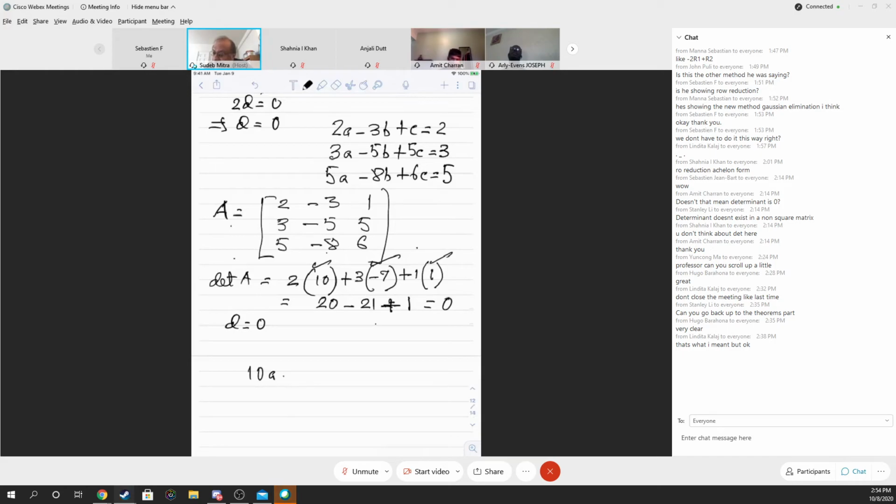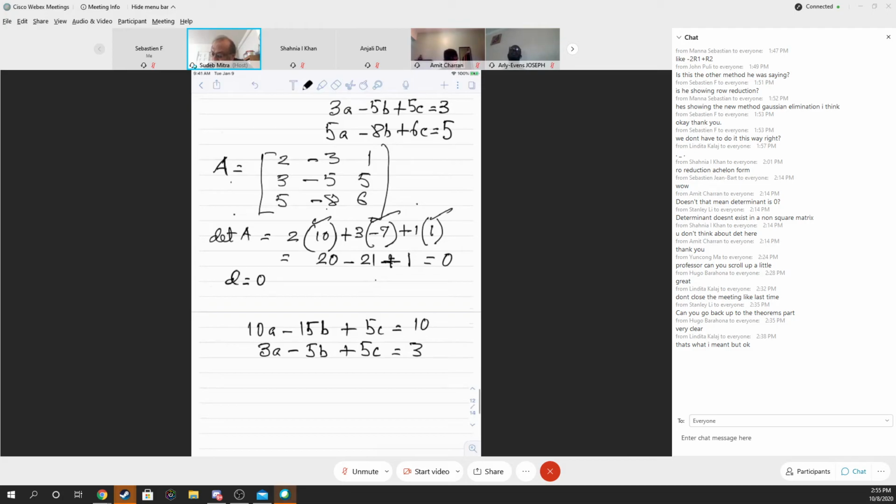10a minus 15b plus 5c is 2. 3a minus 5b plus 5c is 3. It cannot be 2. It cannot be multiplied by 5. So it's 10.